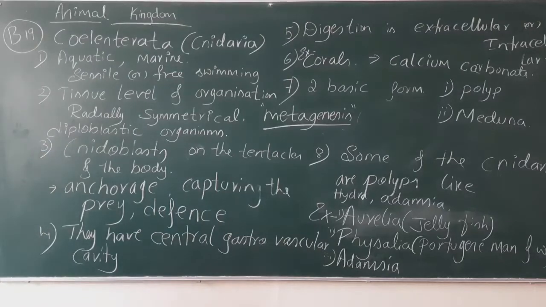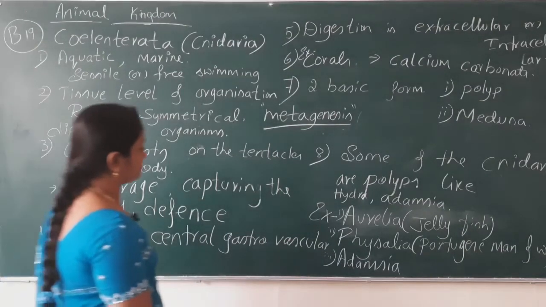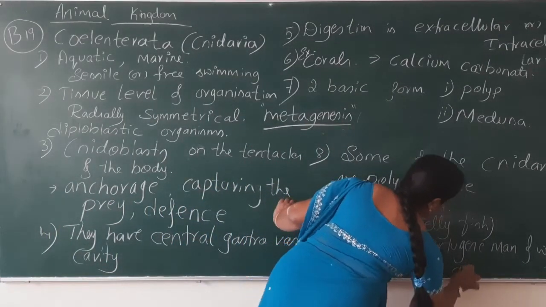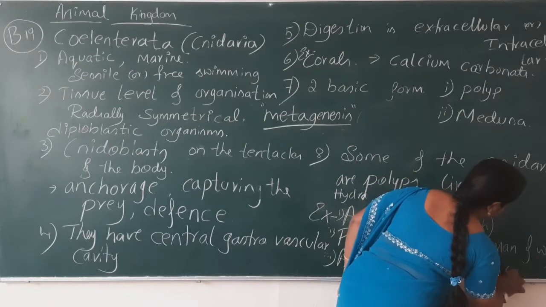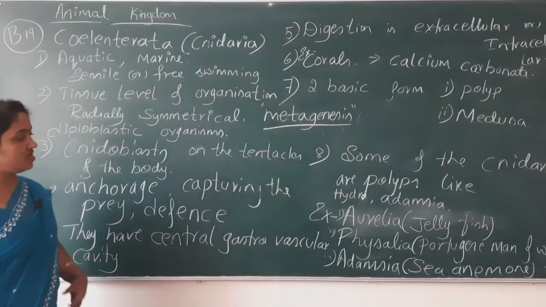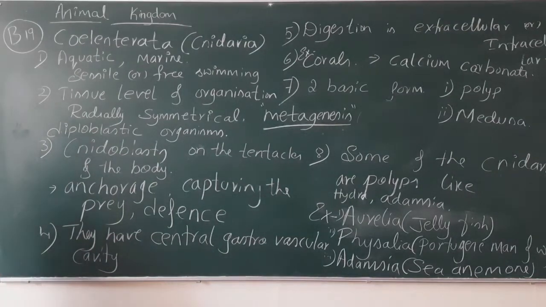So Adamsia, one example, it is known as sea anemone. Sea anemone. Few more are there.